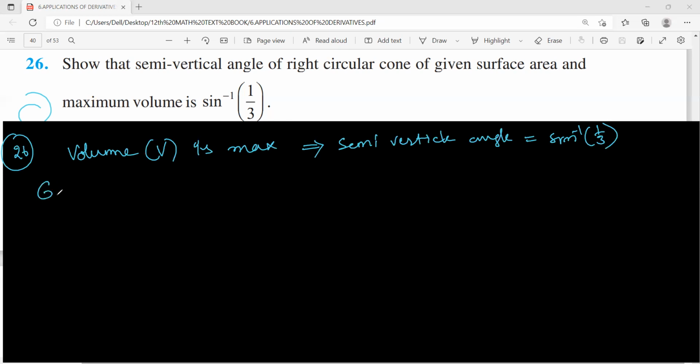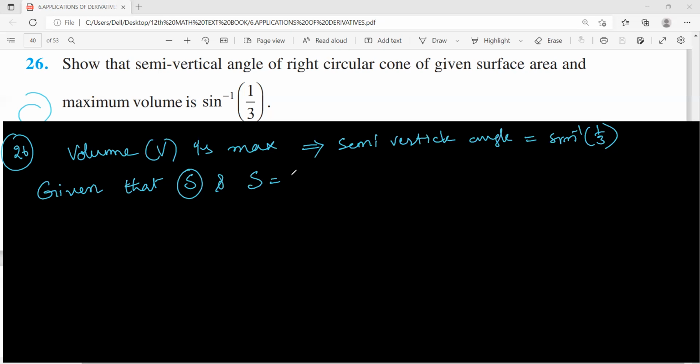And what is given? Given surface area S equal to what?